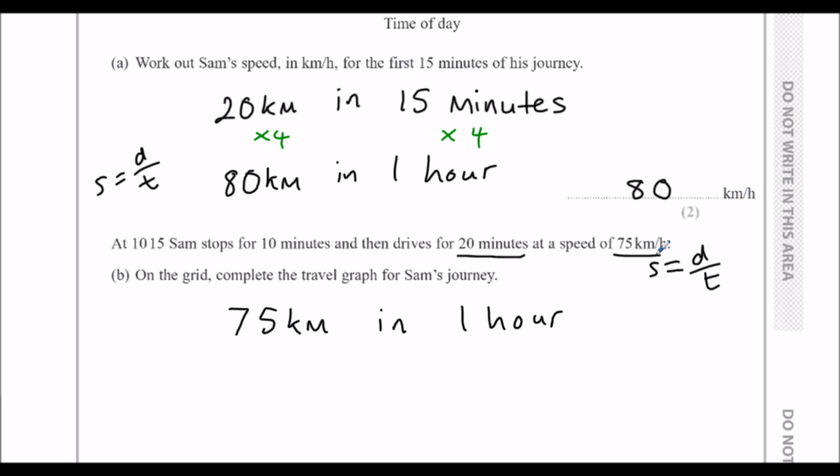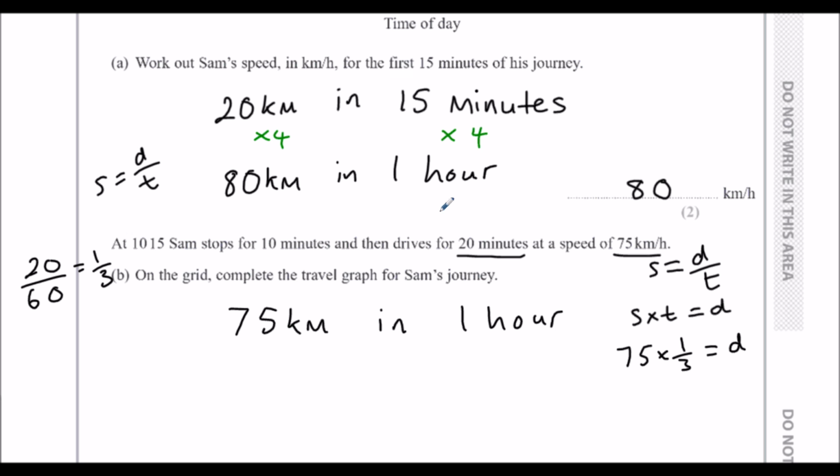Speed times time is equal to distance. So we'll do the speed of 75 times the time, which is 20 60ths or 1/3 of an hour. So that would be 75 times 1/3 equals the distance.